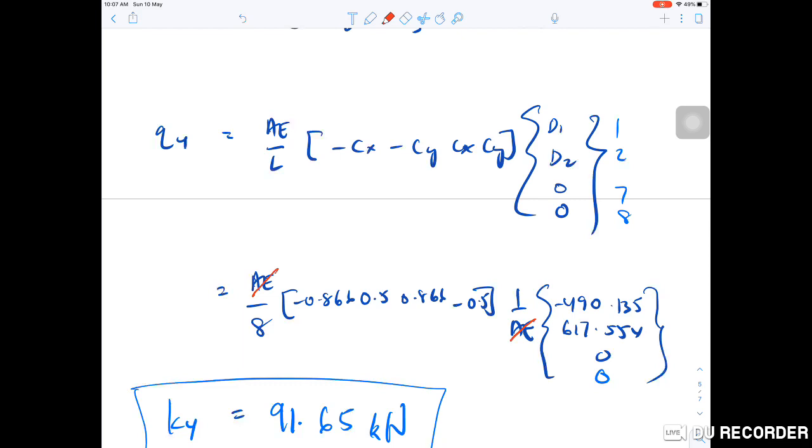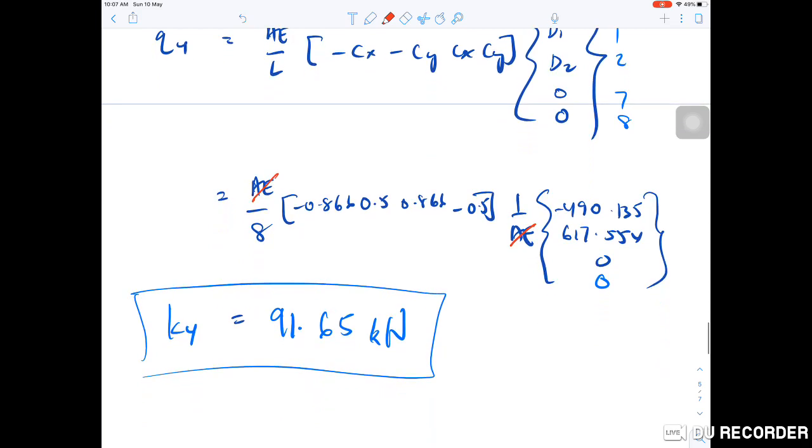So here 1, 2, 7, 8 for displacements D1, D2, D7 and D8. D7 and D8 are located at the support, so the displacements are 0. D1 and D2 we have determined. When I solve this, I get a single value representing the member force for element number 4. That's all you need to do.